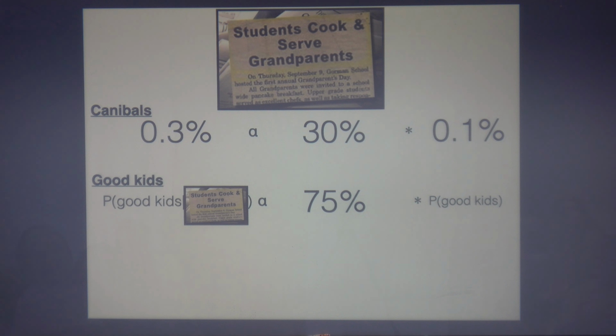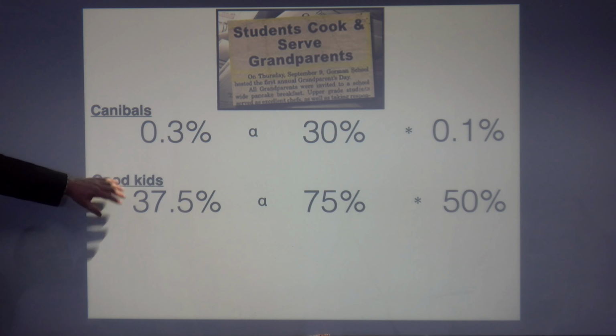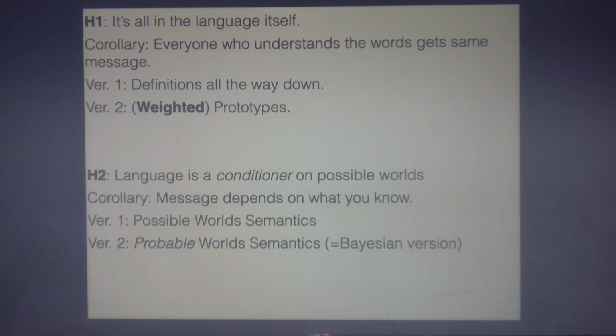And then the prior probability that there's some nice kids somewhere helping out grandparents seems decent, right? And what matters here is the ratio of these two probabilities. So it's just much more likely that you would have seen this article because of good kids than because of cannibals. So score 1 for probable world semantics.